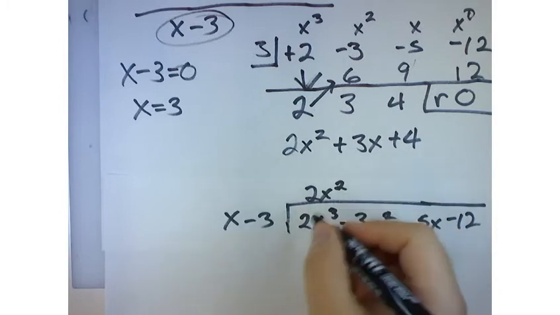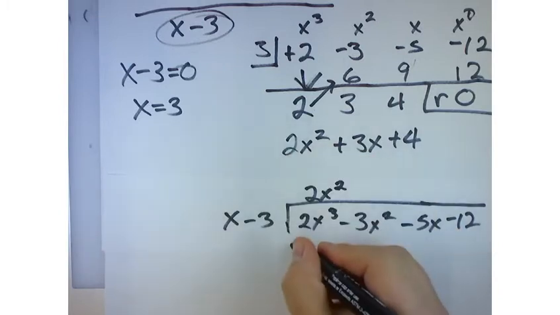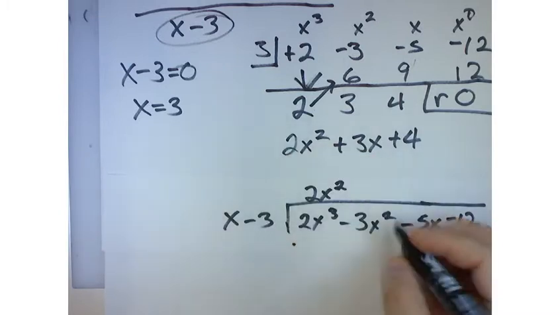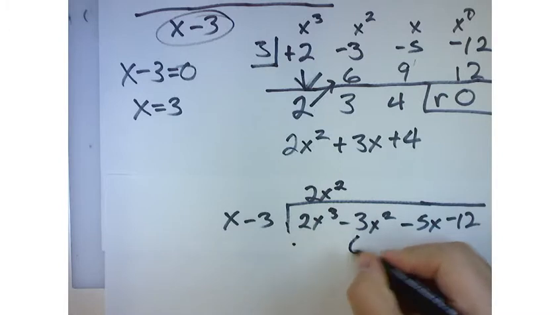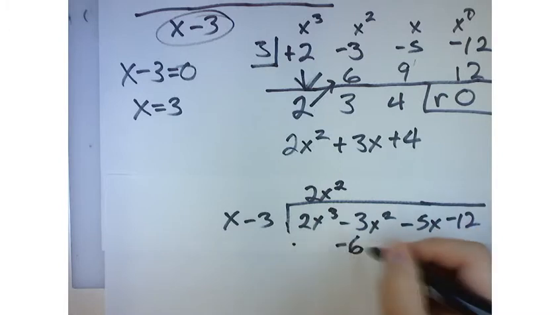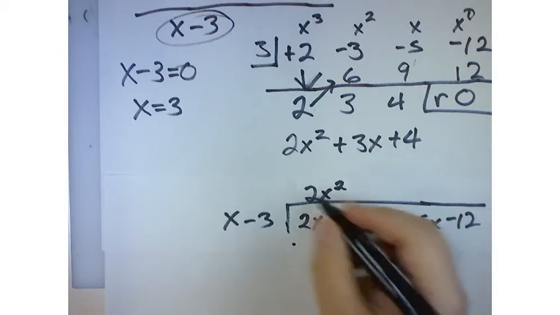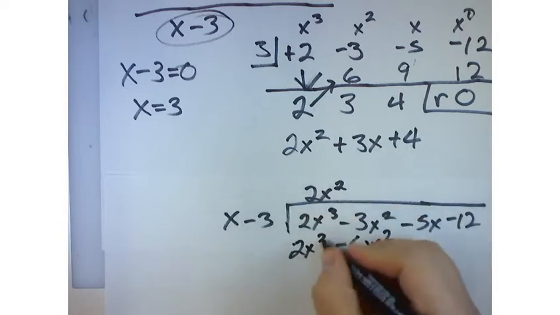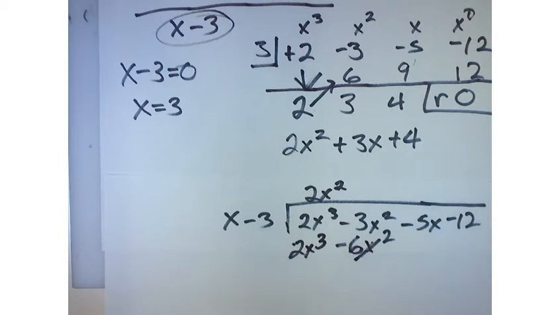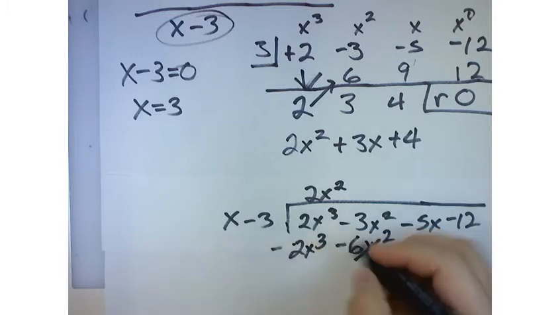When I multiply that through, I'm going to get negative 6x squared and then 2x cubed. Then when I reverse the sign, I'm going to subtract this, and I'm going to add this.